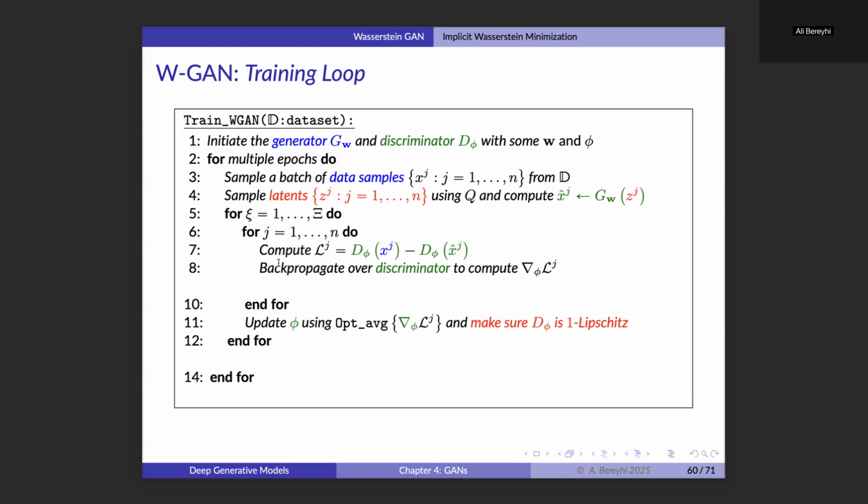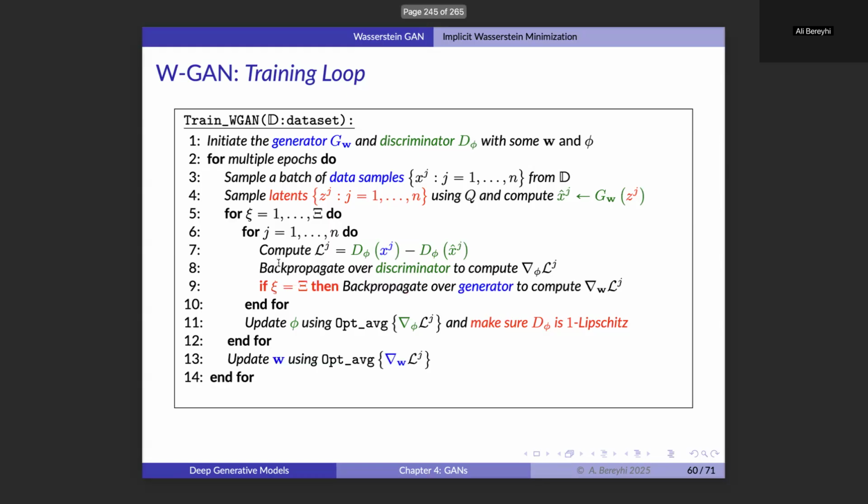After, say, every 5 iterations on phi, we compute the gradient with respect to W, and then we update the generator once. So we do some updates, say 5 updates on the discriminator, and then we update the generator once. And again, repeat this till we converge, right?